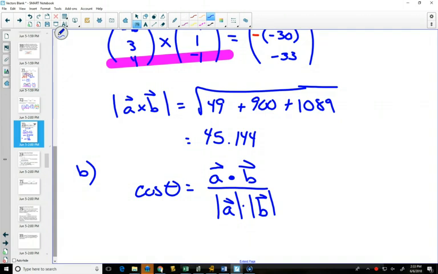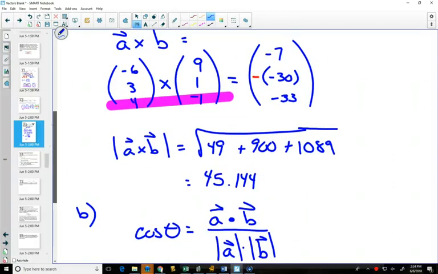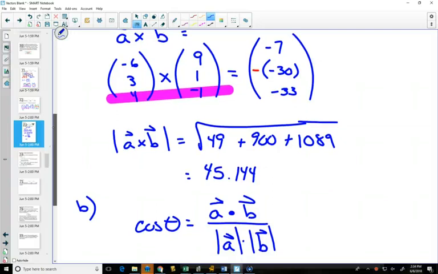Okay? So our dot product, multiply the corresponding elements, -54 plus 3, -51, minus 4, -55.